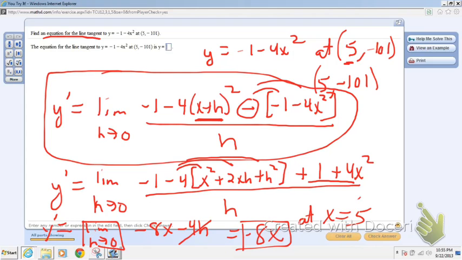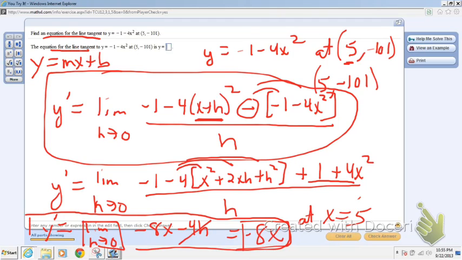So now we know the slope of the tangent line is -40. Before I go and do that, I just want to make sure you highlight all the critical information. y prime ended up being -8x, and if you evaluate that at x equals 5, you get the slope of the tangent line, which I'm going to denote little m, is -40.